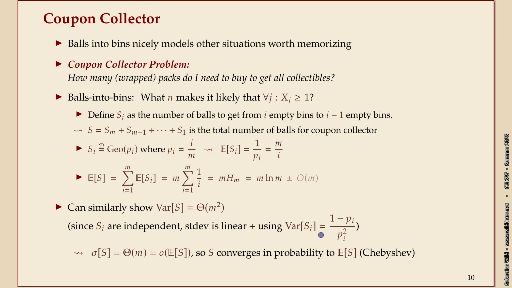And if you do the math here, it gets a bit more tricky with the summations, but you can show that the variance is quadratic, and so the standard deviation is linear, which means of lower order than the expectation. And that was enough with Chebyshev's inequality to get some concentration, in the sense that if you make n big enough, you'll see this random S converge to the expectation in probability at least.